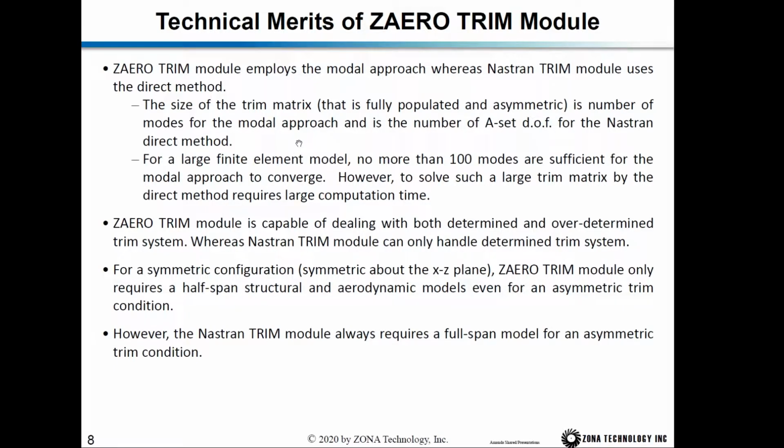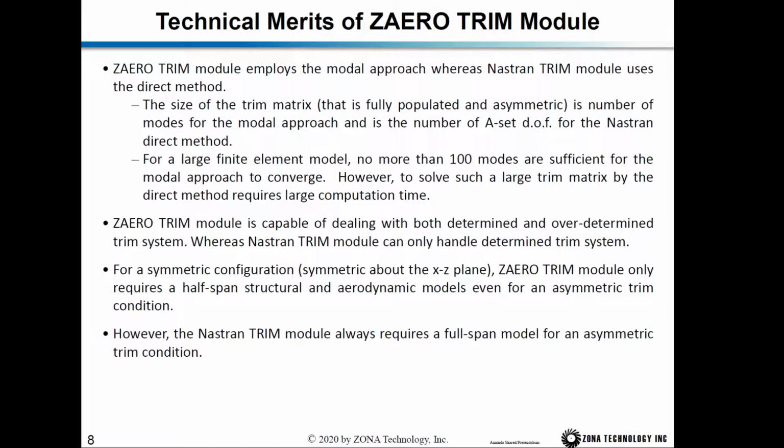So the ZAERO trim module employs the modal approach, whereas the NASTRAN trim module uses the direct method. And what is the direct method in NASTRAN? They use the ASET stiffness matrix, then they spline the AIC into ASET.